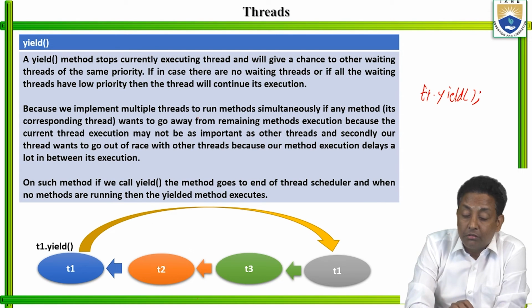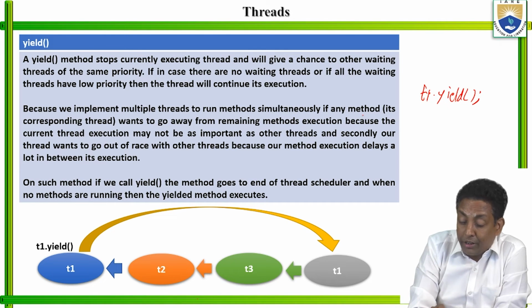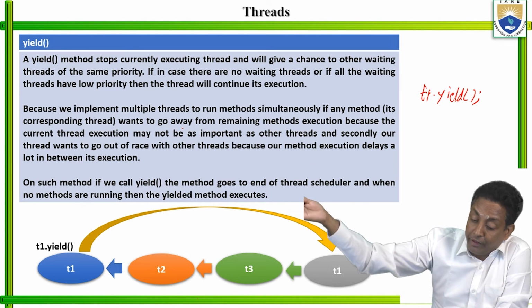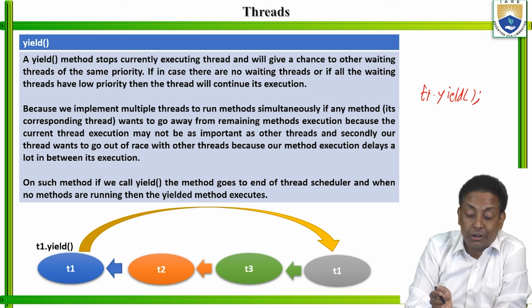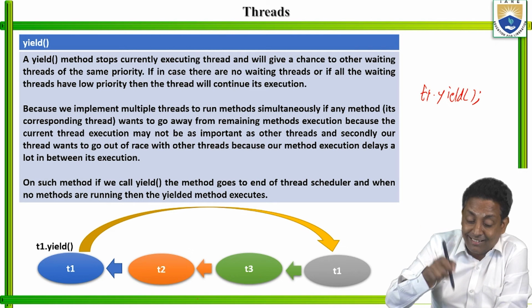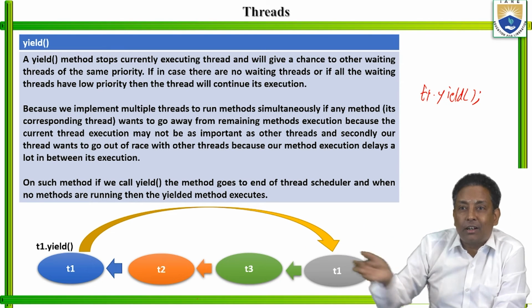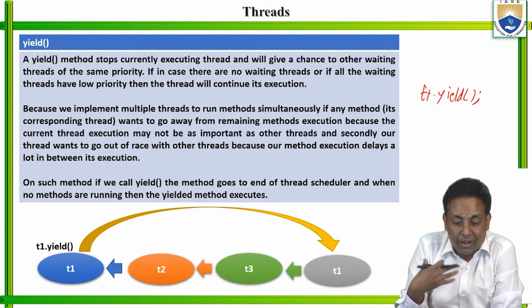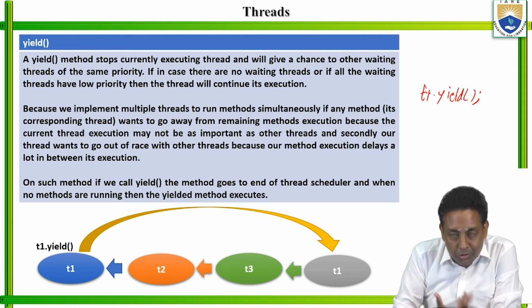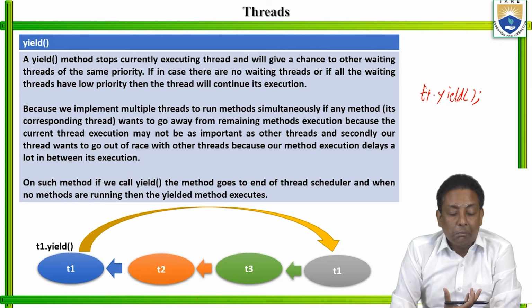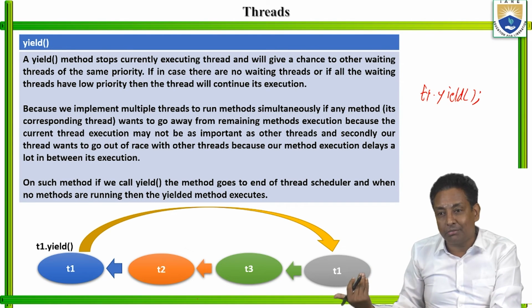Because we implement multiple threads to run simultaneously, if any method, its corresponding thread, wants to go away from the remaining methods' execution, because the current thread or method execution may not be as important as other threads, mostly the method feels like, okay, my execution is not as important as my other methods.